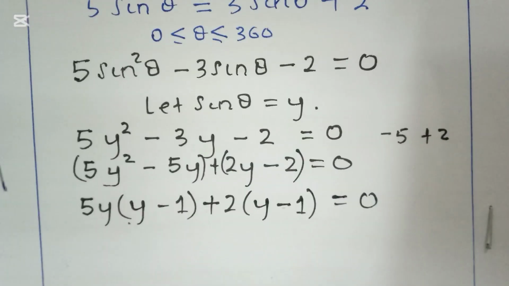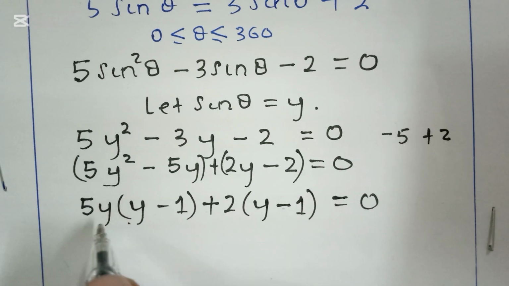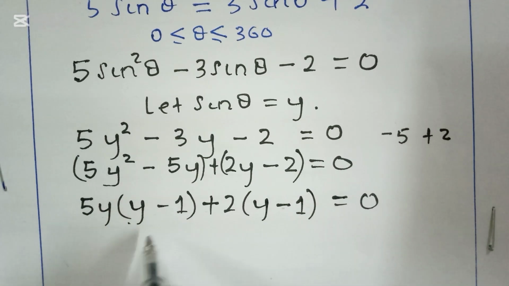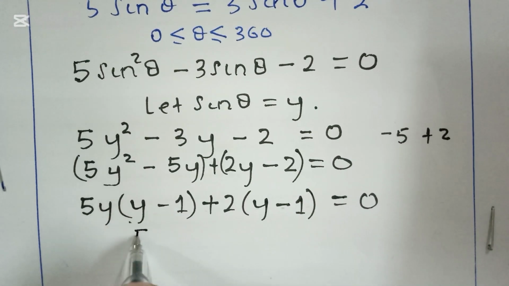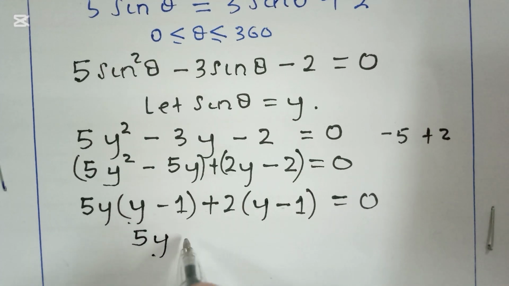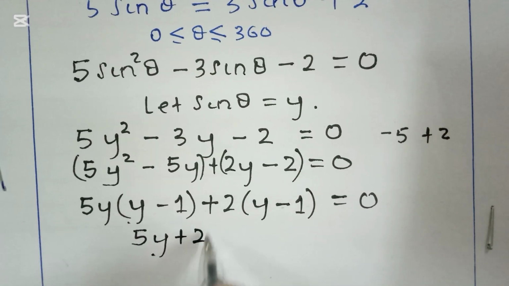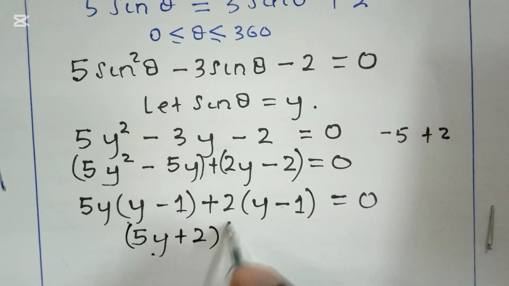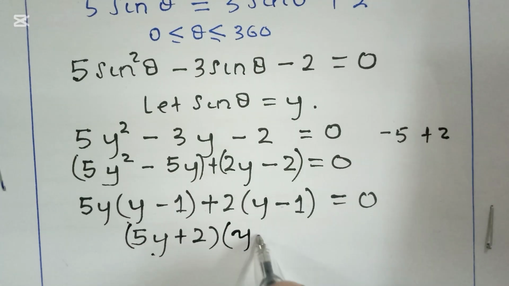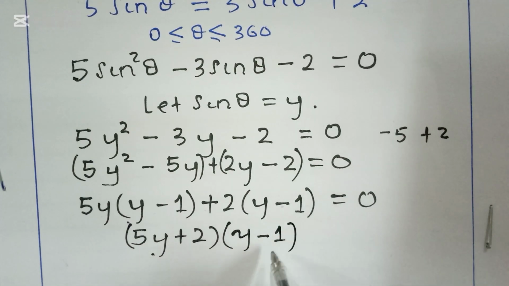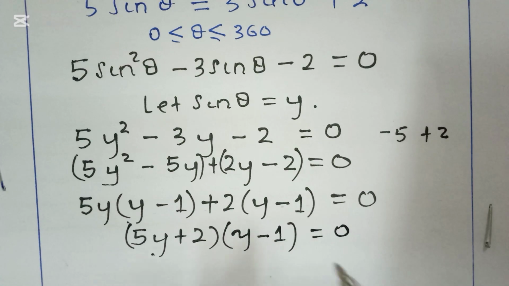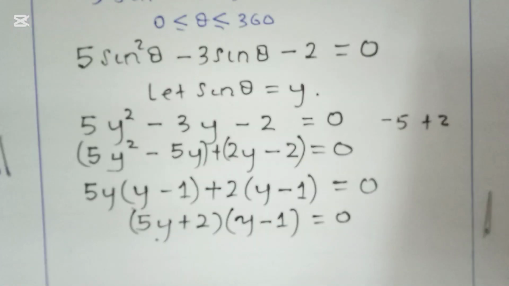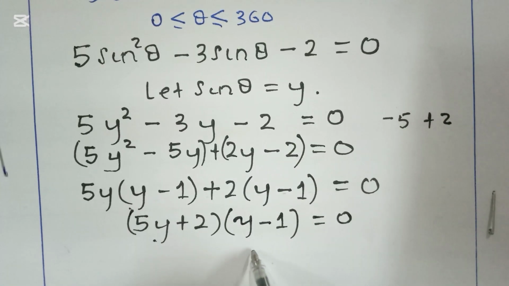From there, guys, we can factor out 5y plus 2, and we are left with y minus 1. So we have 5y plus 2 and then y minus 1. So guys, these factors are equal to 0. Working that out, we get y equals 1.